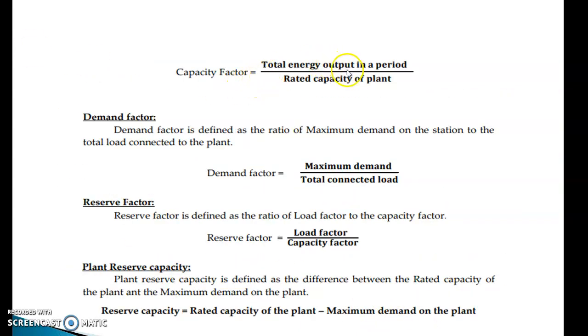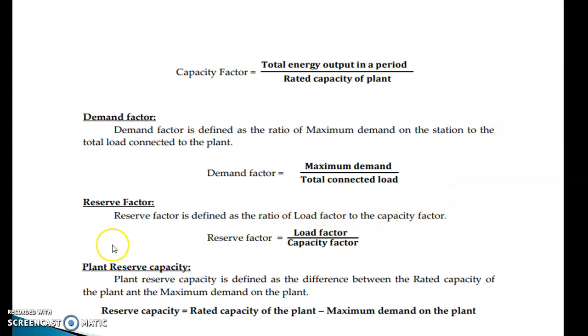Capacity factor. The total energy output in a period related to the rated capacity of the plant. Demand factor. Demand factor is the ratio of maximum demand on the station to the total connected load in the power plant. So demand factor is equal to maximum demand divided by total connected load.